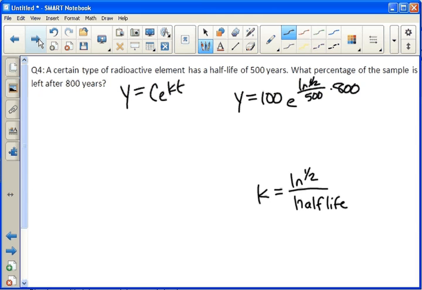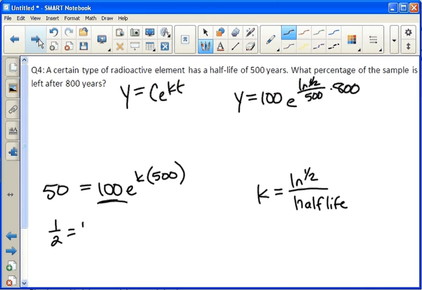So I'm going to show you real briefly down here how you can solve for it. We know that the half-life is 500 years, meaning that after 500 years, we will have gone from 100% to 50%, because it cuts it in half. Well, if you divide both sides by 100, you get 1/2 equals e to the k times 500.